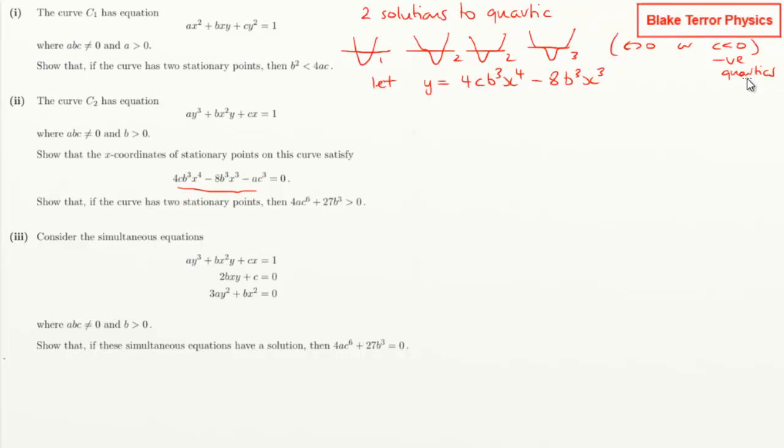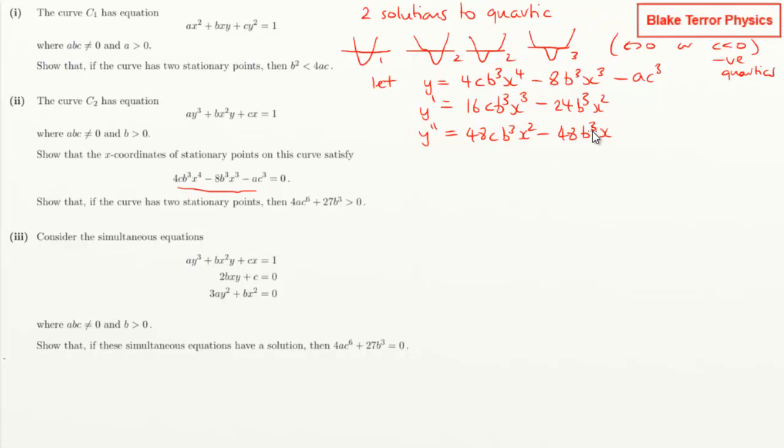That might make a difference in all of this. What was I doing? Oh yeah, minus ac cubed. So y dash is going to be 16cb cubed x cubed minus 24b cubed x squared. And then y double dash is going to be 48cb cubed x squared minus 48b cubed x.